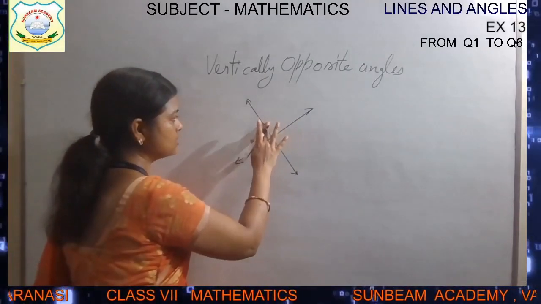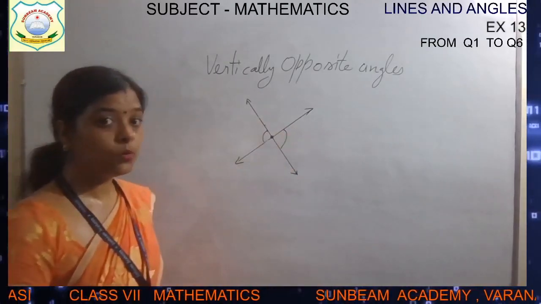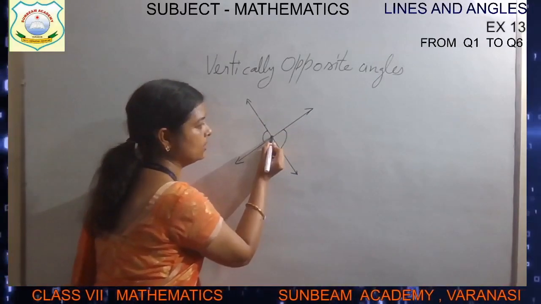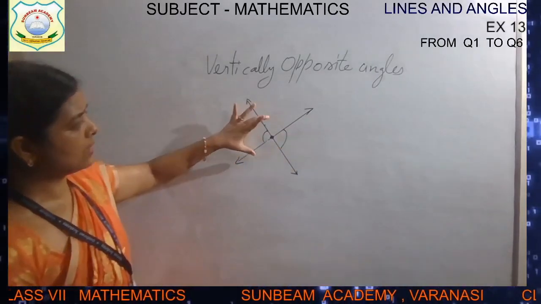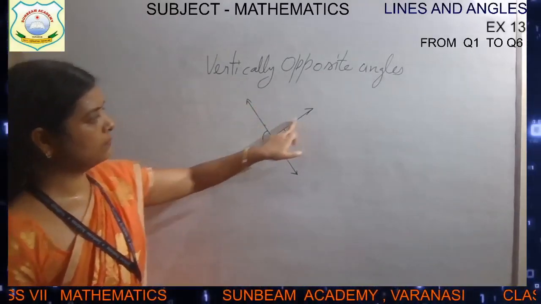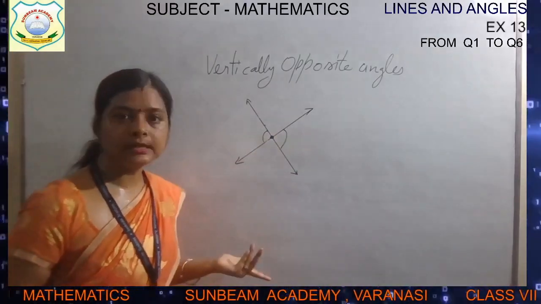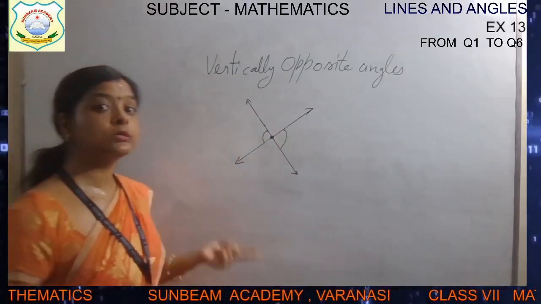But these two angles, are they adjacent angles, children? No, they are opposite angles. इसमें सिर्फ कॉमन वर्टेक्स है, only there is a common vertex, there is no common arm. इस एंगल के आर्म ये दोनों हैं, इस एंगल के आर्म ये हैं, there is no common arm, so that's why they are not adjacent angles. Then they will be called opposite angles.